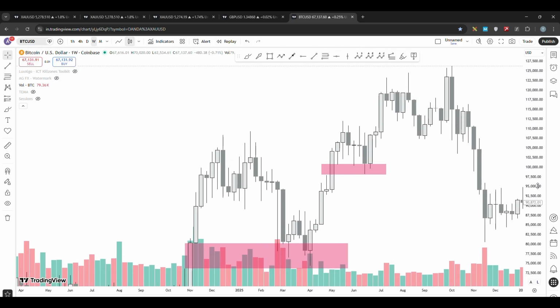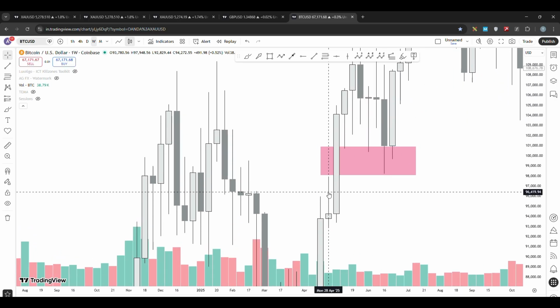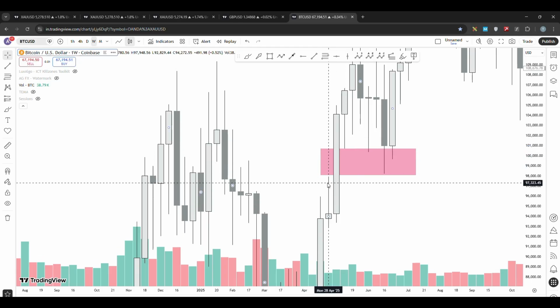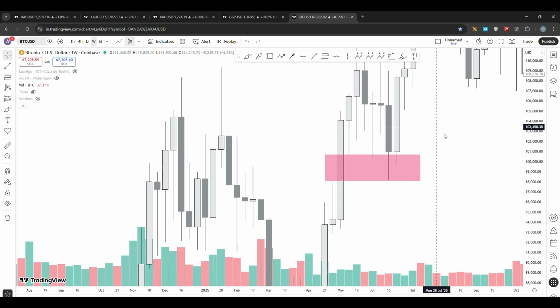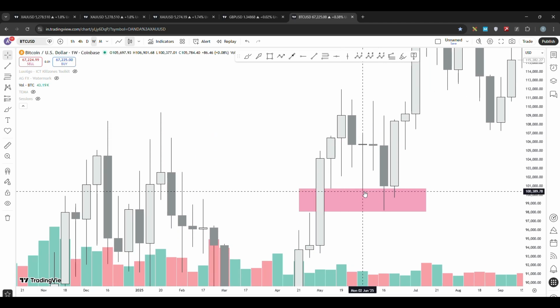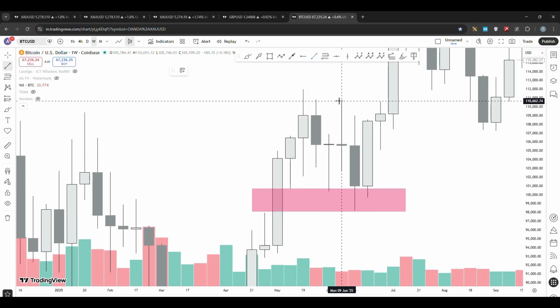So this is the weekly chart in Bitcoin, and here you can see that we have got this back-to-back three candles, right? And the first candle and the third candle, they're not in contact with each other. So this gap between the first candle and the third candle becomes our fair value gap. So what market does is market comes down, taps into this fair value gap, and market gives a very strong reaction.